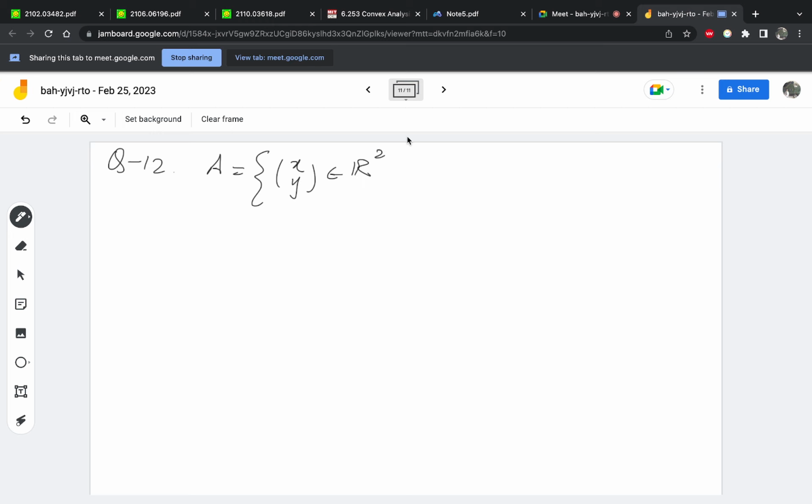So I think this is the last question from the assignment, and then we'll move on to some linear algebra revision. We are looking at the vectors in R2 where the first component is non-negative, and similarly a set B where the second component is non-negative.